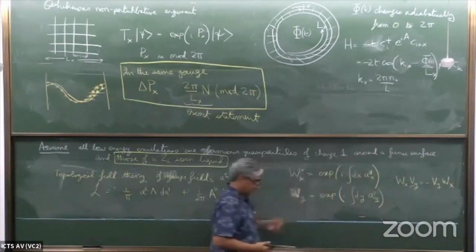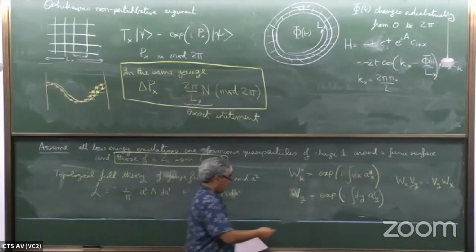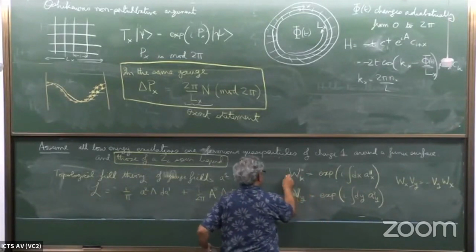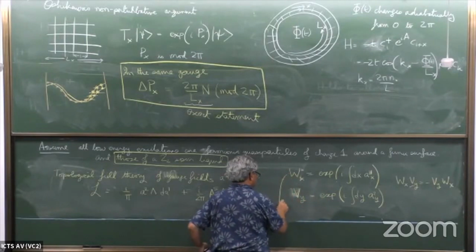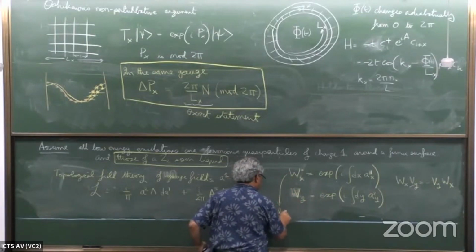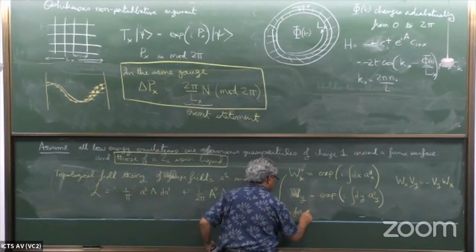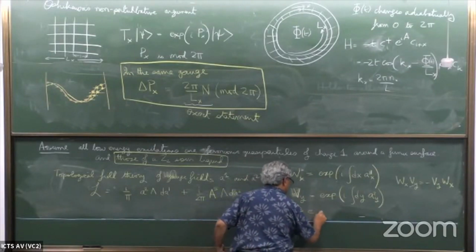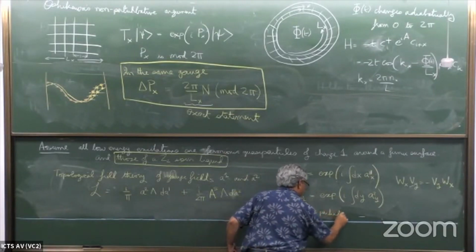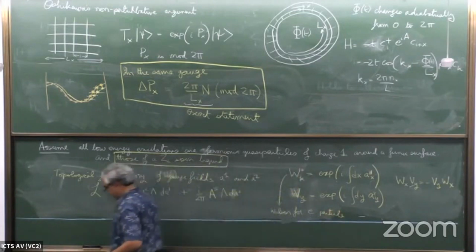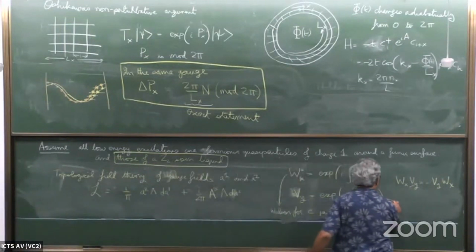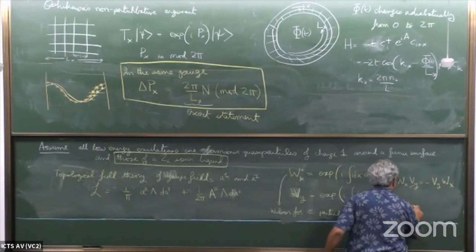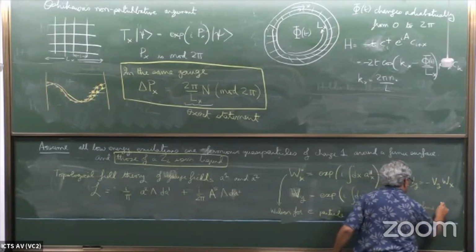We can think of A1 as the Wilson line for the spinon, the E particle, and the other guy is the Wilson line for the M particle.